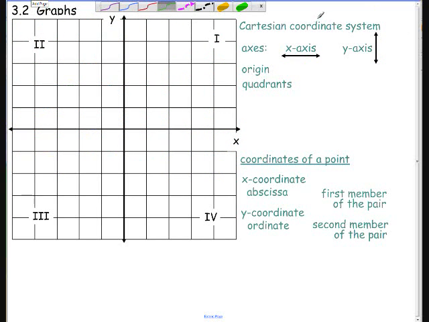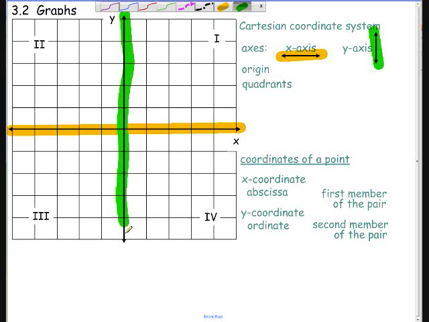Okay, let's just make ourselves familiar again with the Cartesian coordinate system. We have the axes. We've got our x-axis, which runs right here, and our y, let me mark this yellow, and we have our y-axis, which is up and down, and is right here.